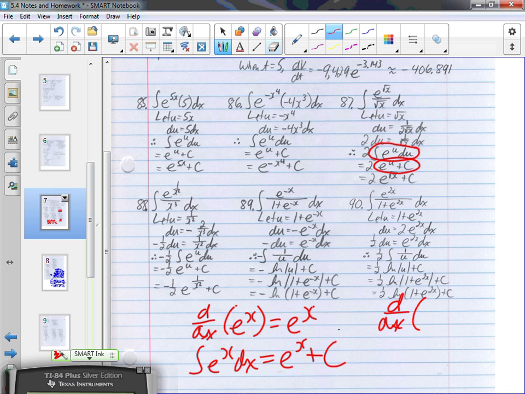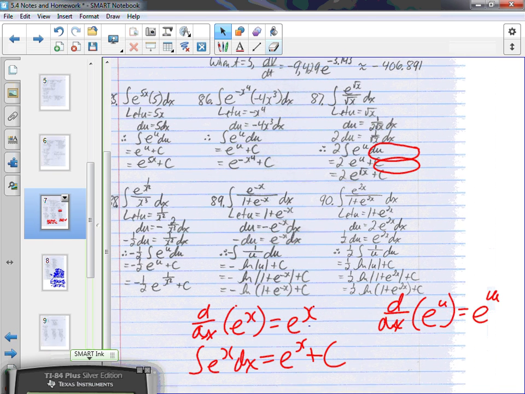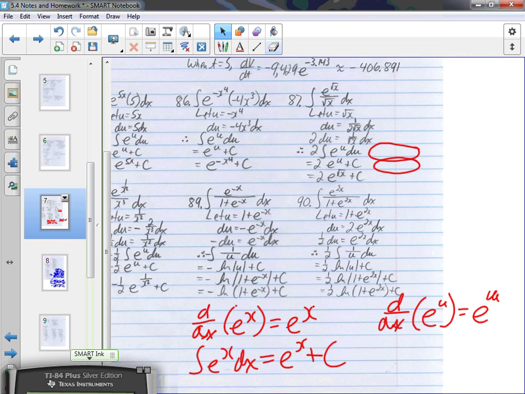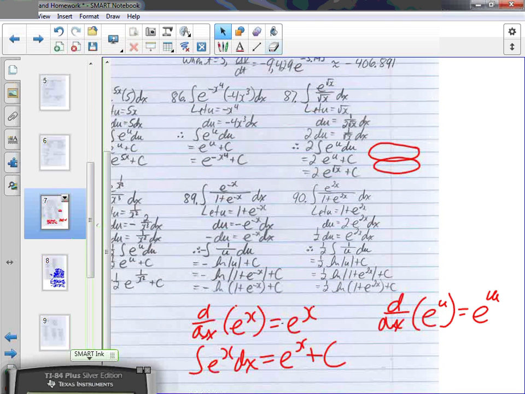The derivative of e to the u equals e to the u, no, not u, the red. I'm obviously grabbing the red, not the stuff behind it. There we go.